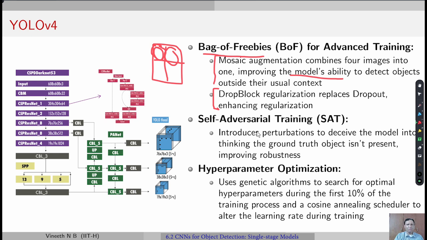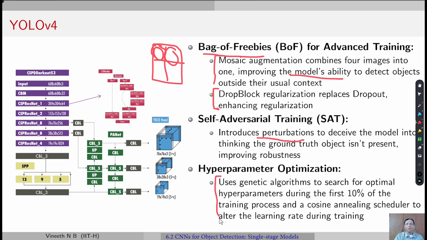A few other improvements in YOLO v4 was self-adversarial training, where perturbations were introduced inside the input images to make the model think that this was not the class, and the model is forced to learn that this belongs to that particular class. This brings robustness to the model. This phenomenon is also typically studied as adversarial training or adversarial robustness in neural network literature.